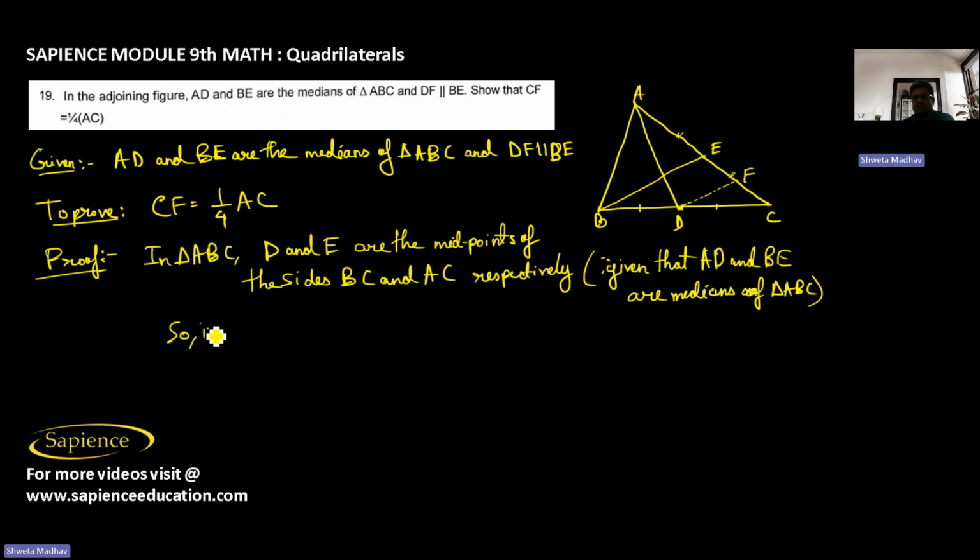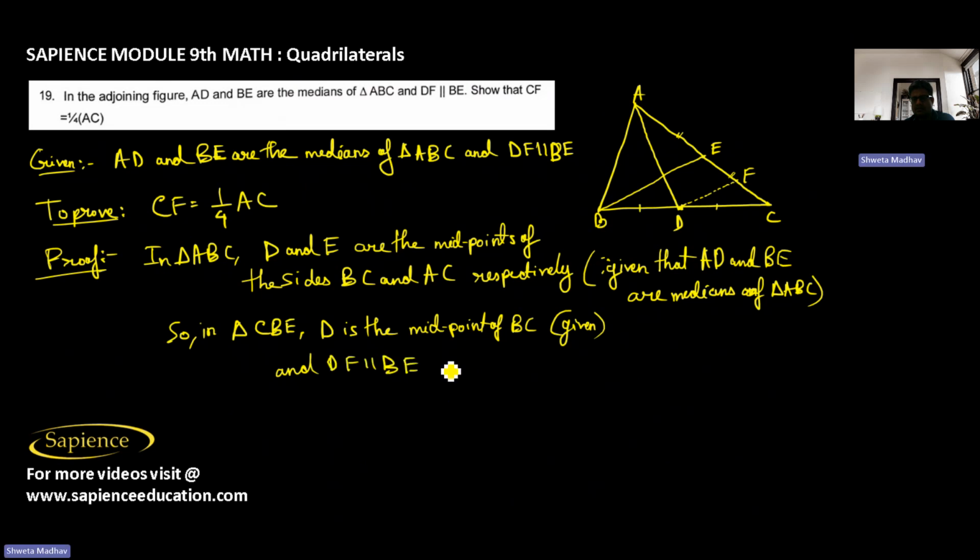So I can say that now in triangle CBE, D is the midpoint of BC, which is given, and DF is parallel to BE, which is also given.